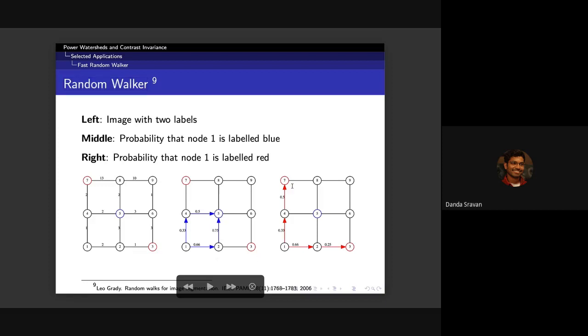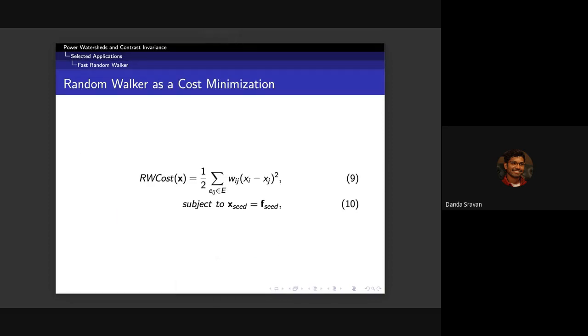Similarly for the other label, I do a similar thing. Although this is theoretically okay, how exactly would we compute this? Again, it is very well known that obtaining the random walker labels is nothing but a cost minimization problem, but a constrained cost minimization problem. And in fact, it is well known.